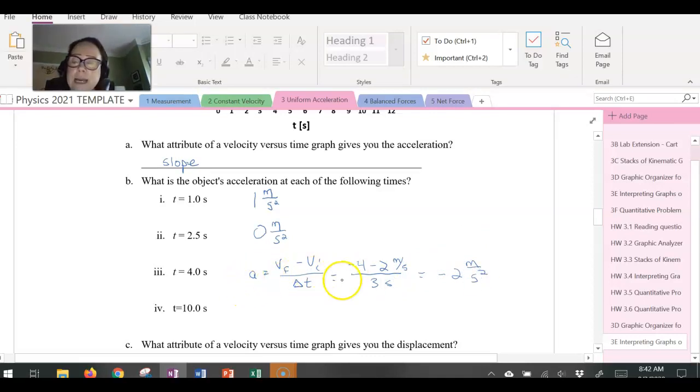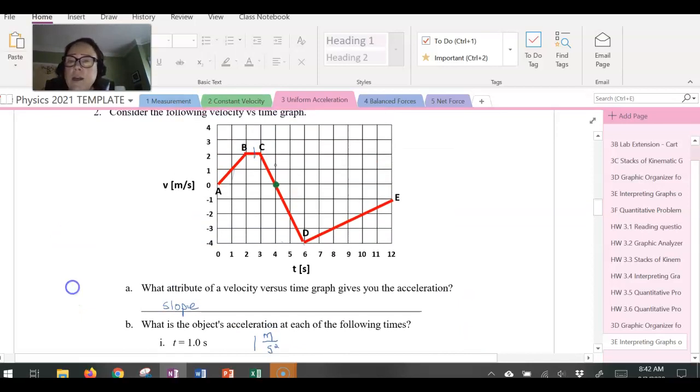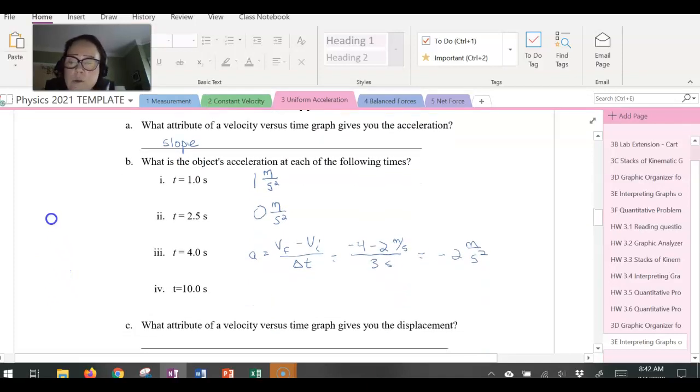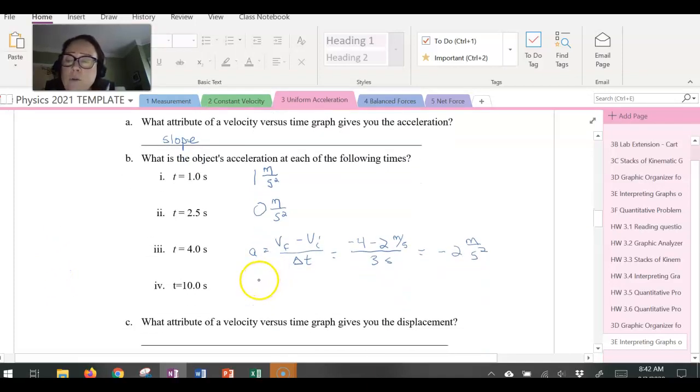So it has that same acceleration for all of the points between C and D because the graph of velocity versus time is linear from C to D. And then from D to E, it took 1, 2, 3, 4, 5, 6 seconds, the velocity increased by 3 meters per second. So that's 3 over 6 or 0.5 meters per second squared.